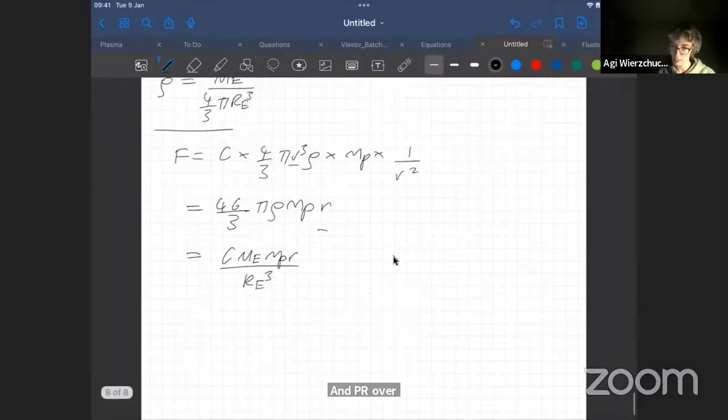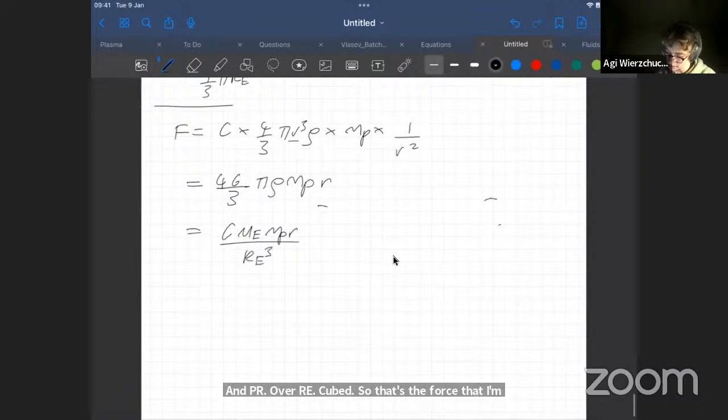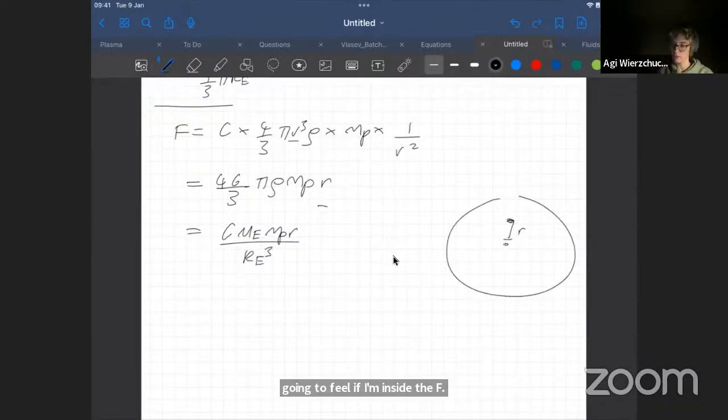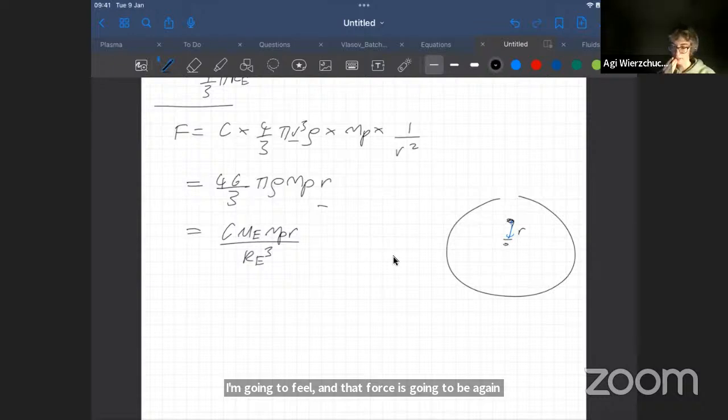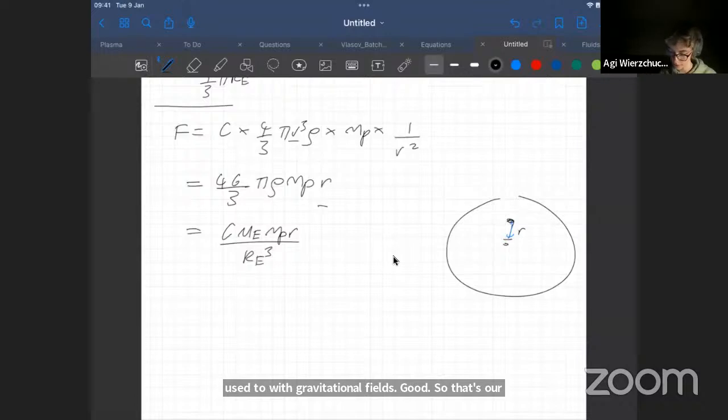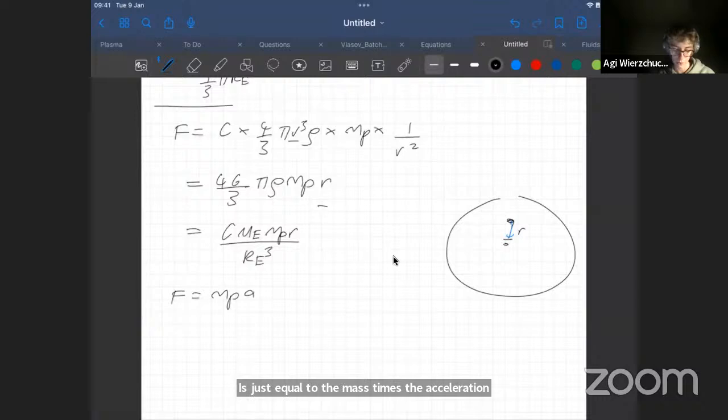So that's the force that I'm going to feel if I'm inside the Earth, a distance r from its center. And that force is going to be just acting towards the center, the way that you're used to with gravitational fields. Good. So that's our expression for the force. But also, of course, force is just equal to the mass times the acceleration, right? That's just Newton's law.